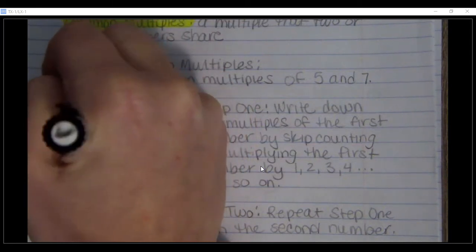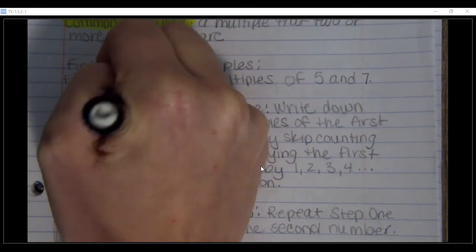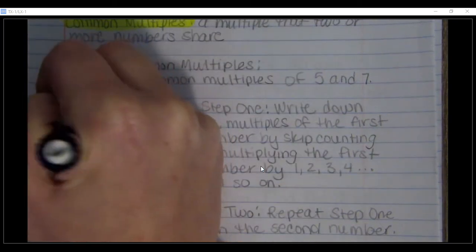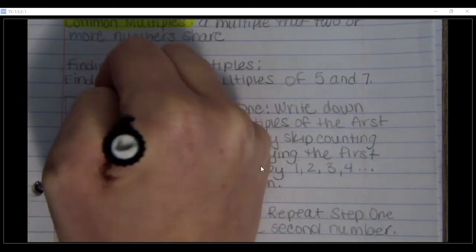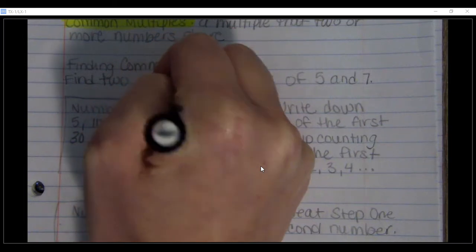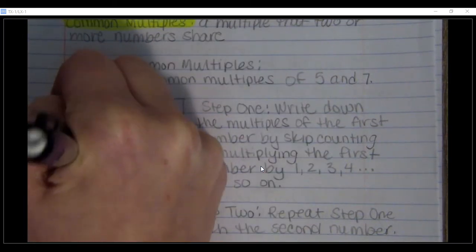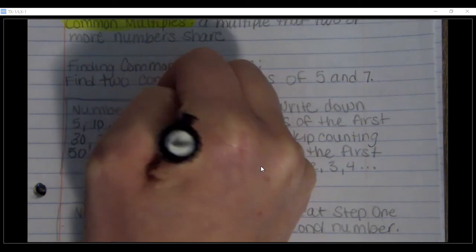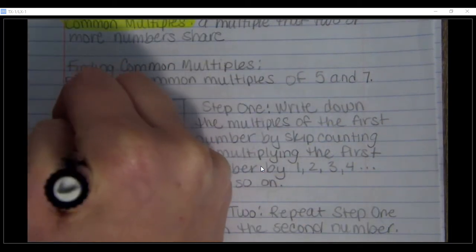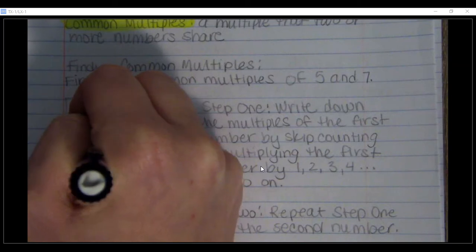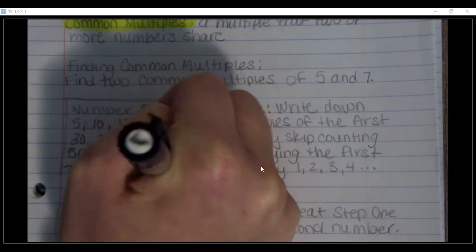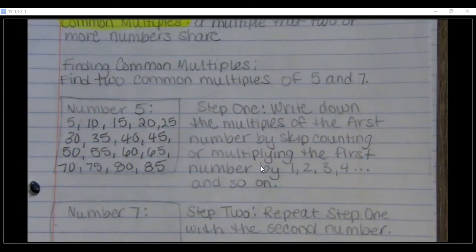And we would have 5, 10, 15, 20, 25, 30, 35, 40, 45, 50, 55, 60, 65, 70, 75, 80, 85. That looks like a good amount of numbers.